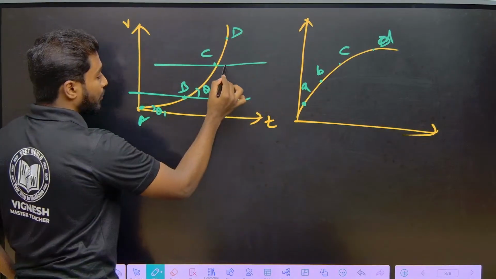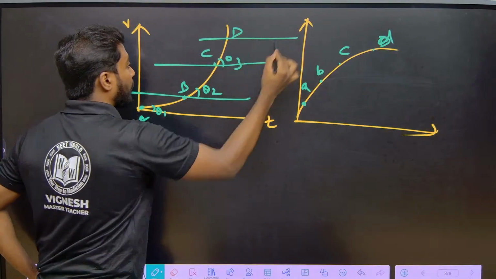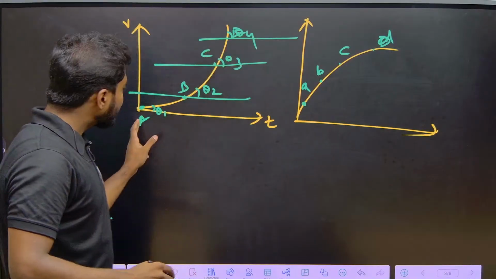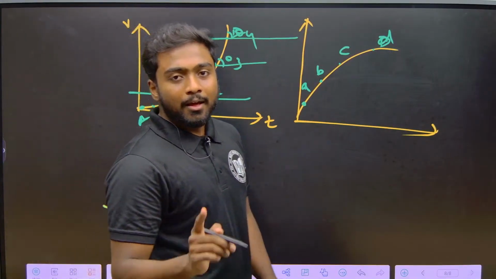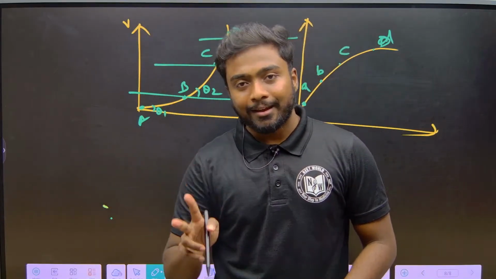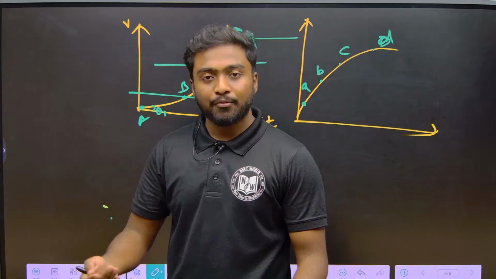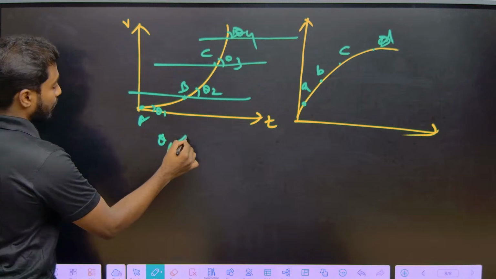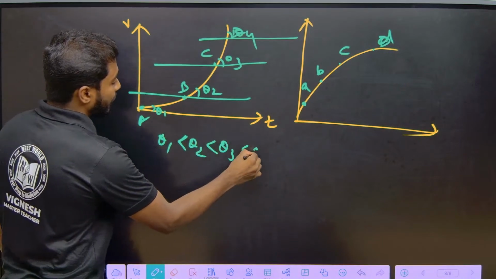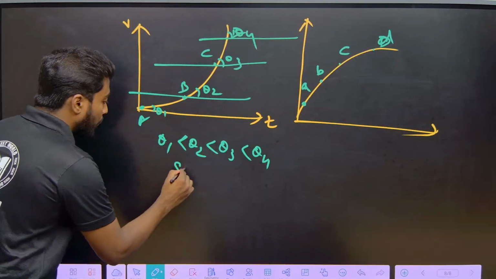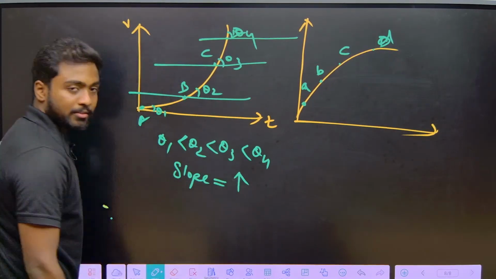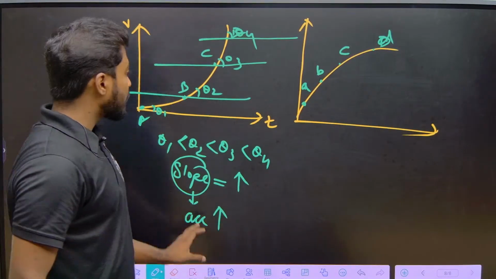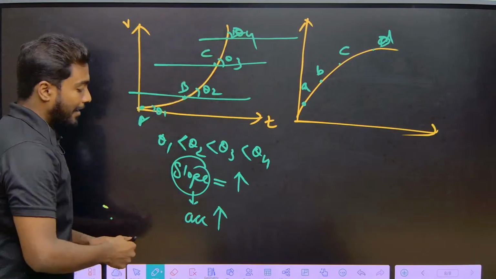Draw a line parallel to the x-axis, this is theta 3, and another, theta 4. When I see this, the thetas are increasing. What I said, whenever the angle increases, a function like tan theta or sin theta also increases. So theta 1 is less than theta 2, less than theta 3, less than theta 4, right? So the slope increases. What is slope? Acceleration. Acceleration also increases. Understood? So in this graph, acceleration increases.